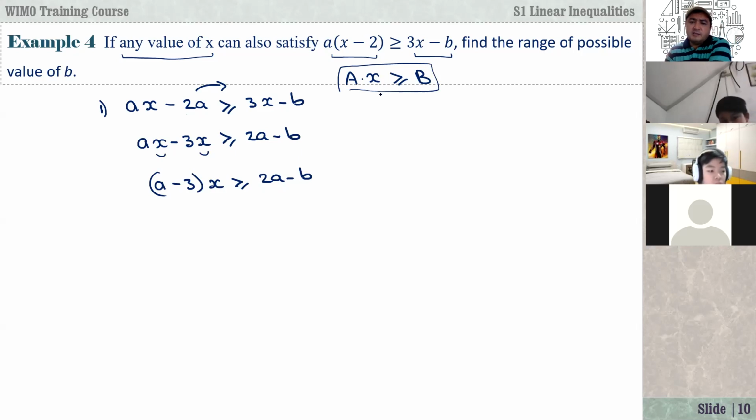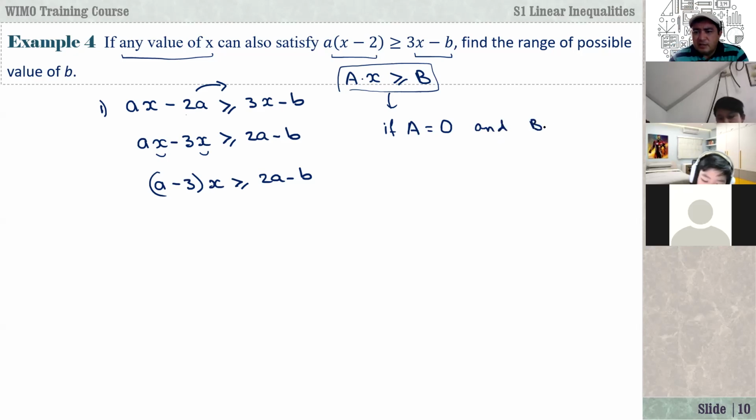Now, if you remember, for ax greater than b, when will every x be a solution of this inequality? Number one, if capital A is equal to 0, that means 0 times x, I have 0 on the left-hand side. So 0 is greater than what numbers? 0 is greater than any negative number, right?